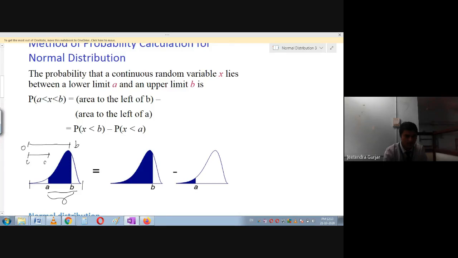Graphically, whatever remains is the area from a to b.